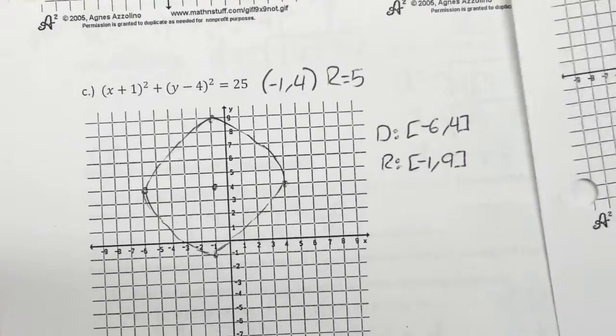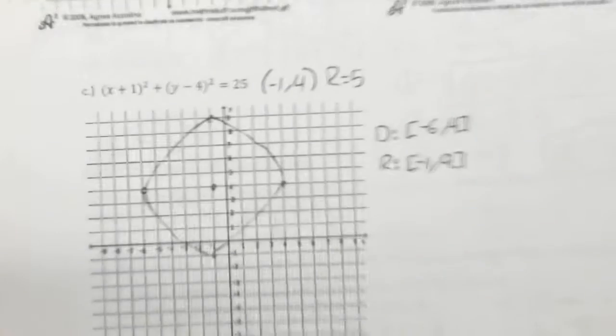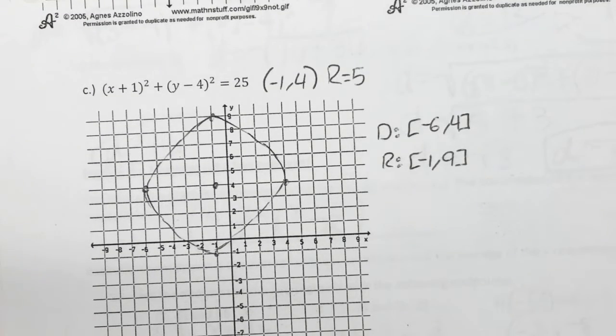Alright, take a look. It's a little crooked, but correct. My circle was just like it. Are his domain and range correct?